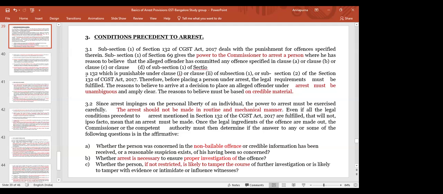Person goes and applies for anticipatory bail. Court asks the department, are you planning to arrest this person? If the department says, no, my lord, nobody is planning to arrest him, then the anticipatory bail petition will be dismissed. So you need to have sufficient facts to give a reliable suspicion that a person may be arrested.